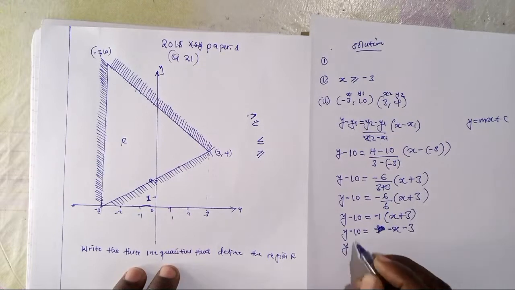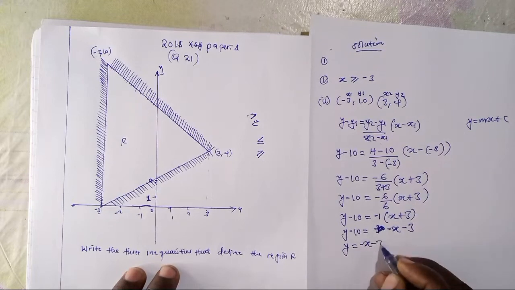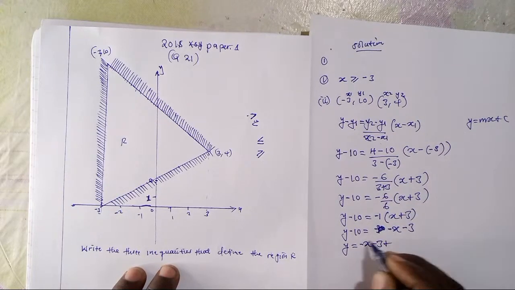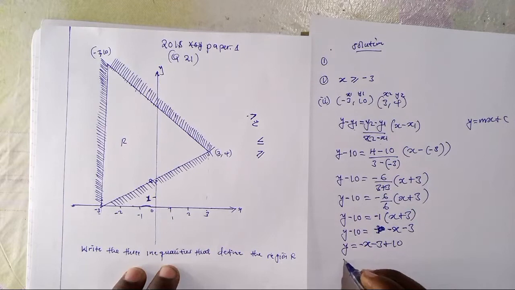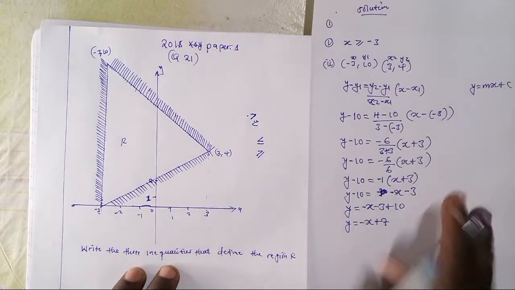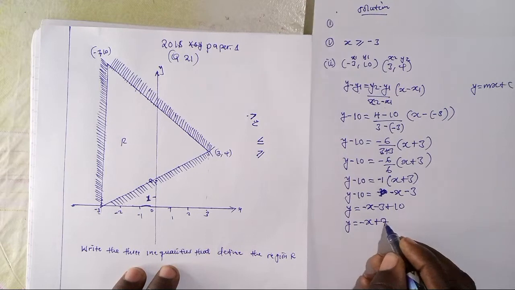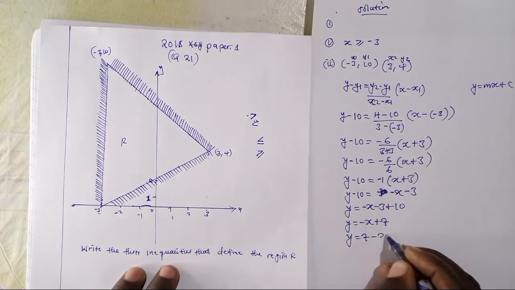Then if you add 10 both sides, we remain with y equals minus x minus 3 plus 10. Then y equals minus x plus 7, right? Then we start with the positive 1, which is y equals 7 minus x.